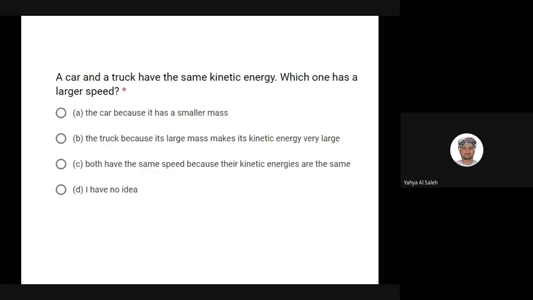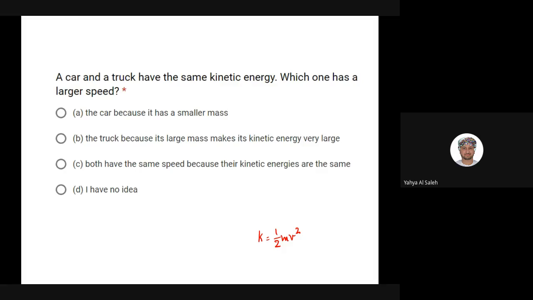Now, if we know that the kinetic energy is equal to half mv squared, that means that different objects with different combinations of mass and velocity can have the same kinetic energy. And you can think of it in this way.